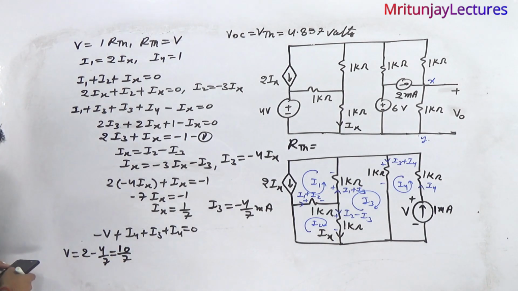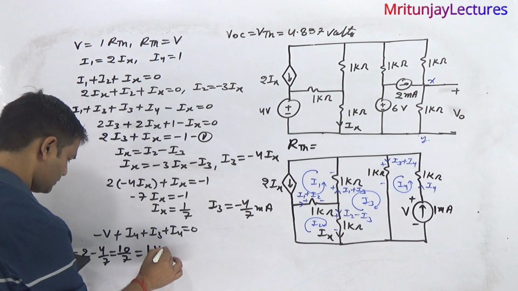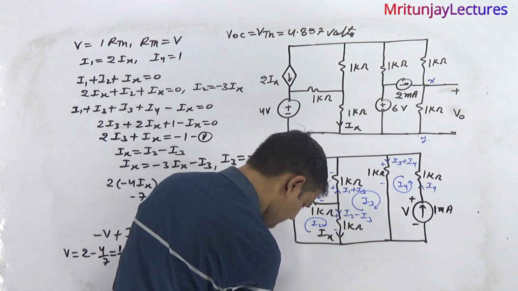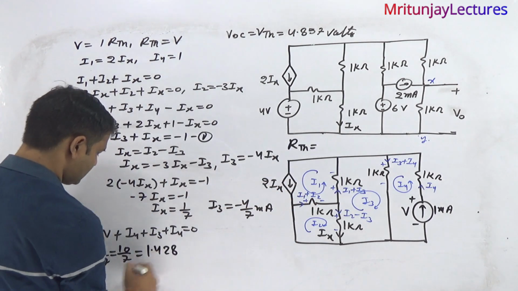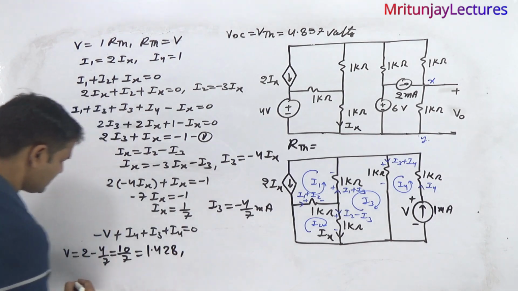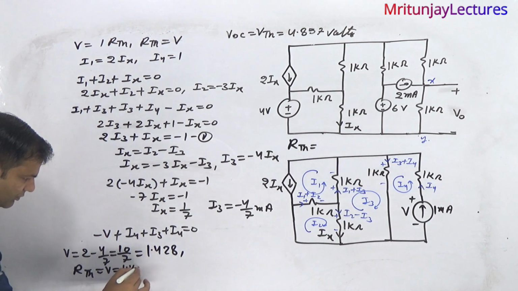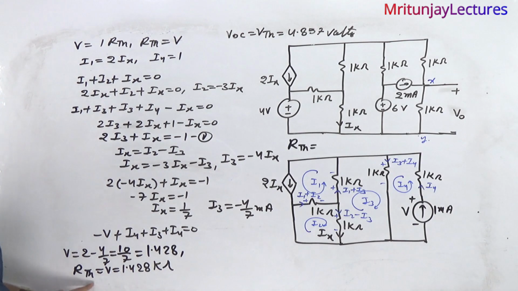So 10 divided by 7, we get 1.428. So what about RTH? RTH is V, so that is 1.428 kilo ohm. Clear or not?